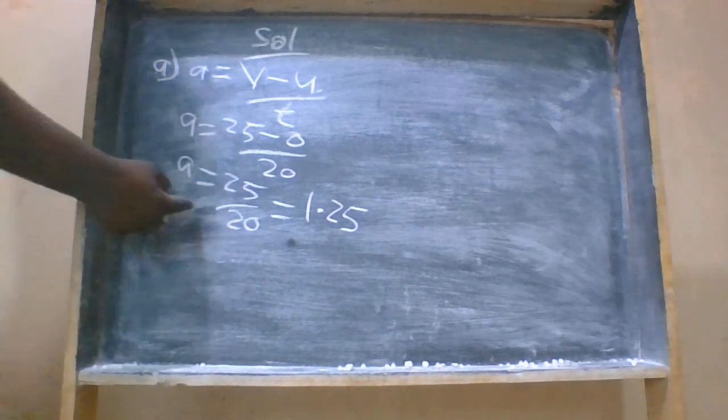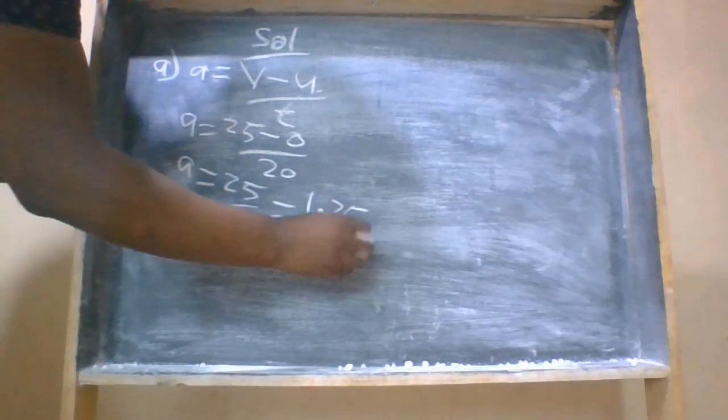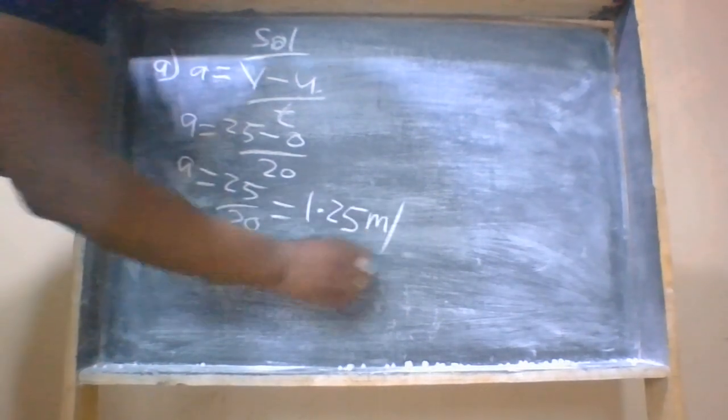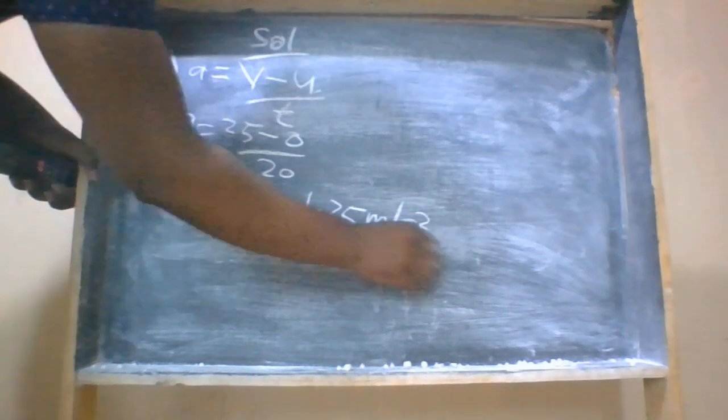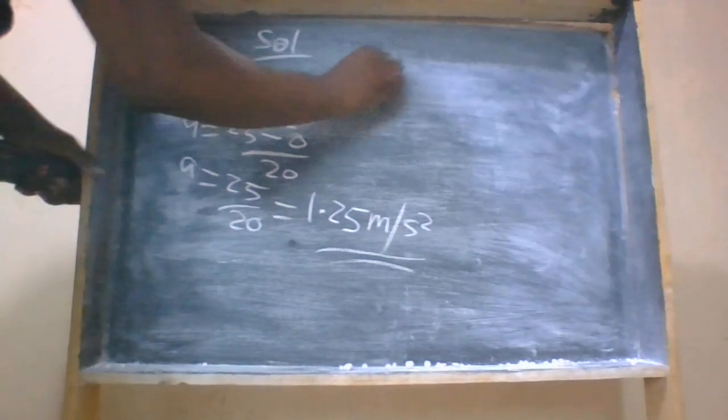In this case, we are going to say it is 1.25 meters per second squared. That is our acceleration.